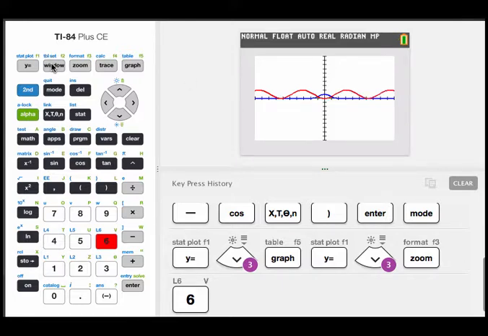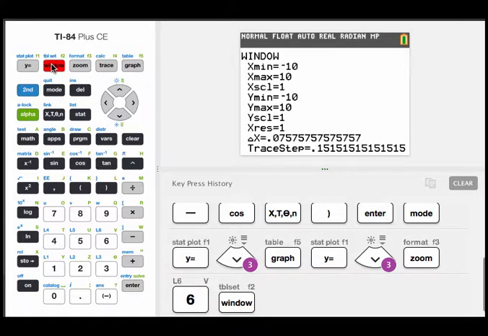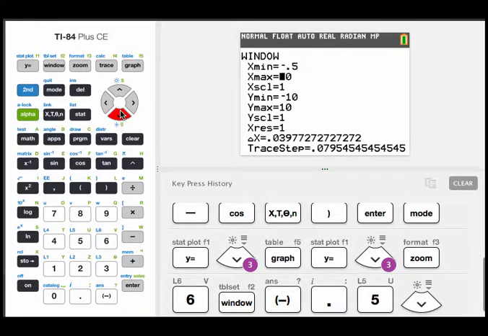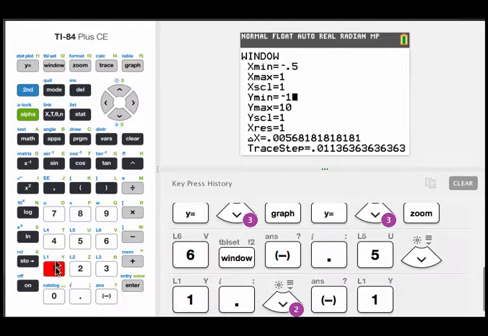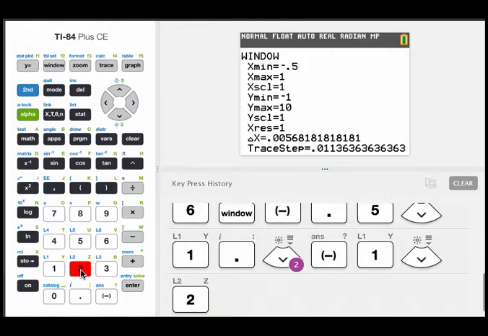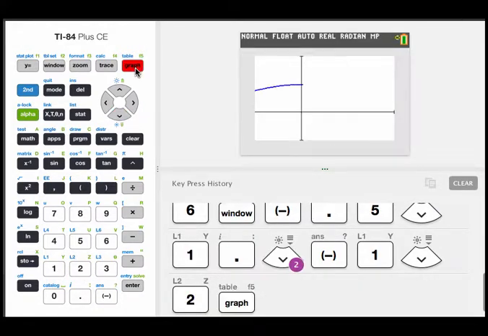So I'm going to change my graph so that my x's are going from maybe negative 0.5 to maybe 1.5. And with my y's, I know this is a cosine graph, so I'm going to try negative 1 to 2. Let's see what that looks like. So this looks more like what's on the paper.